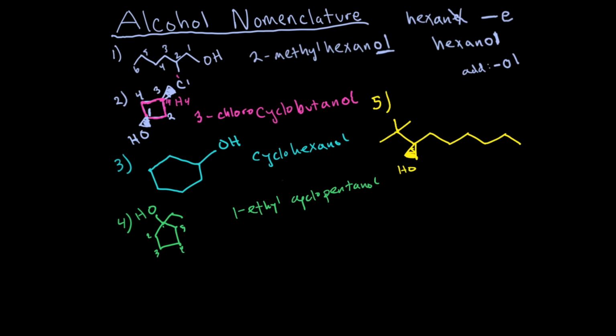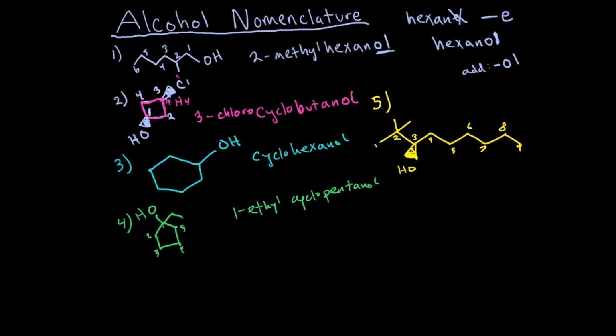And remember, we want to have the lowest number possible for our substituents. So if I start numbering from over here, I can do 1, 2, 3, 4, 5, 6, 7, 8, and 9. Okay. Let's go ahead and see.